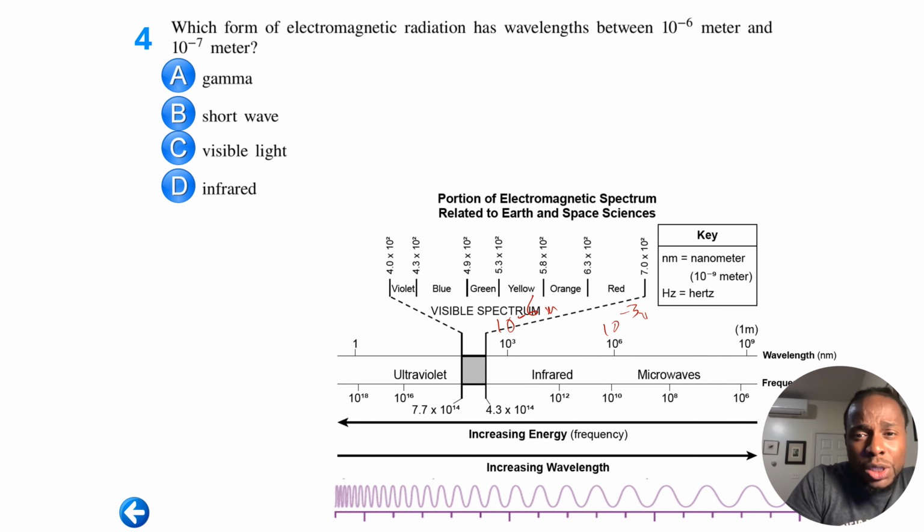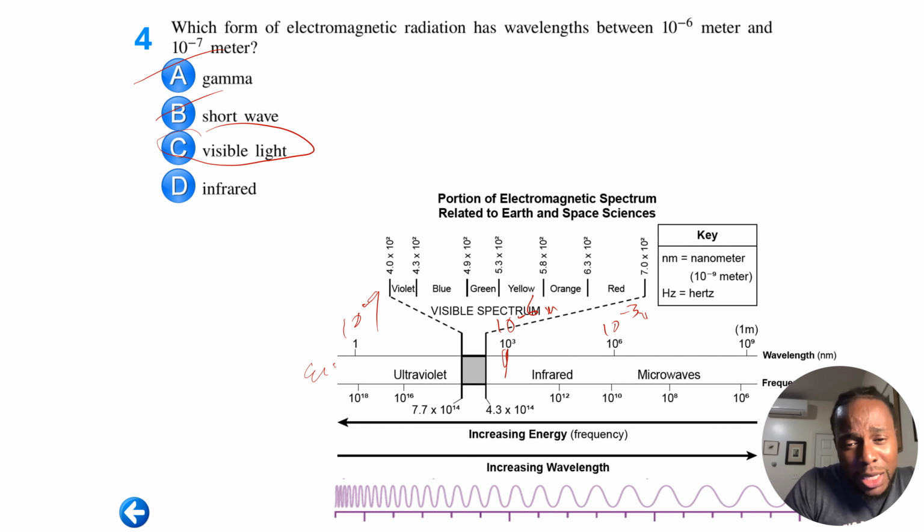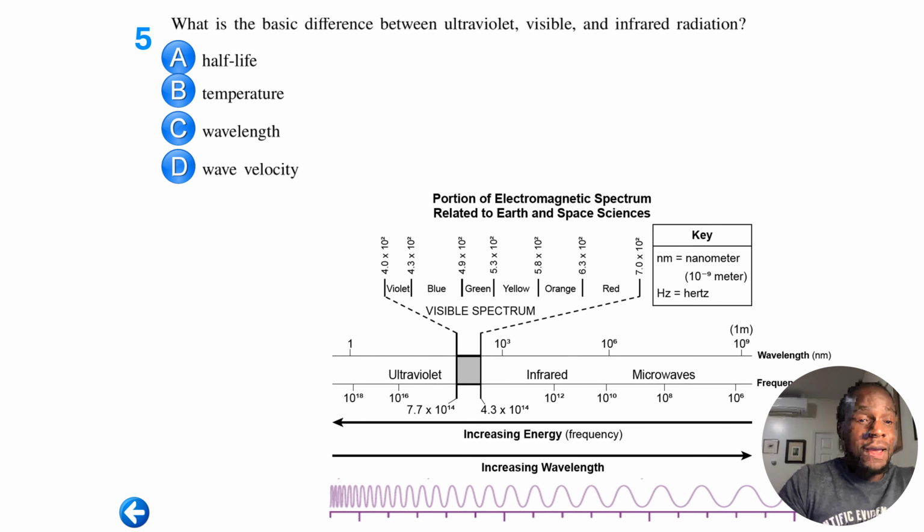So which is between -6 and -7. Could it be gamma? Gamma is right around here. Gamma is already 10 to the -9. So gamma is out, short wavelength is out. Visible? Yeah, that could be our answer. Infrared, on the other hand, falls between -6 and -3. So it does not fall within that range. So definitely our answer is visible light.